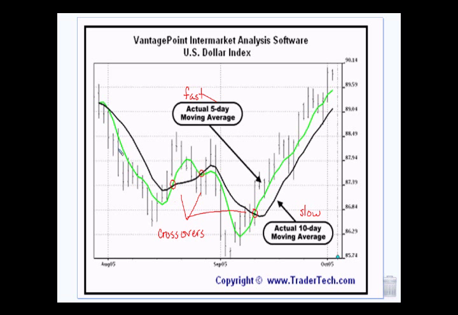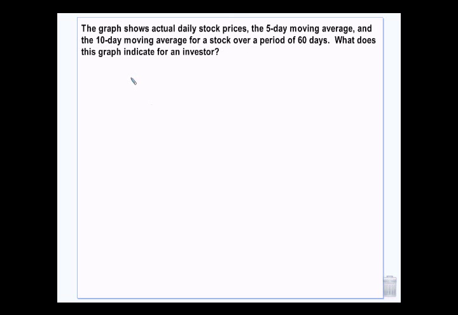Oh, hold on. 5th, 6th, 7th, 8th, 9th, 10th, 11th, 12th, 13th, 14th, 16th, 17th, 18th, August 18th. So on 8/18, fast overtakes slow. That's because the green line went above the black line. If you were an investor, you'd want to buy stock on the 18th.